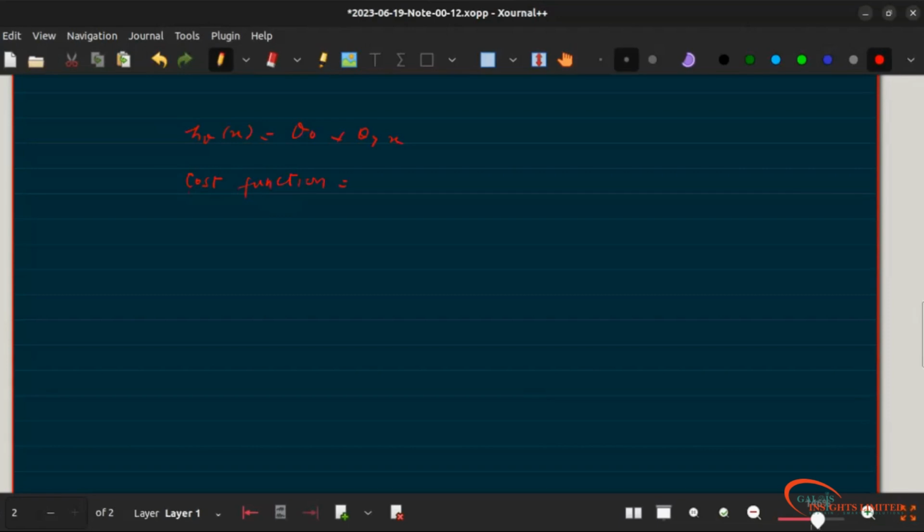The cost function is simply equal to J of theta naught, theta 1, and this is equal to 1 over 2 times the sum of i from 1 to n of the hypothesis function of x i minus y i, all squared.